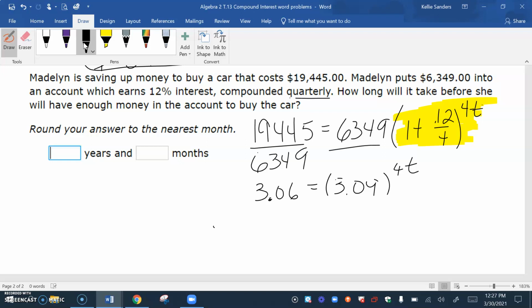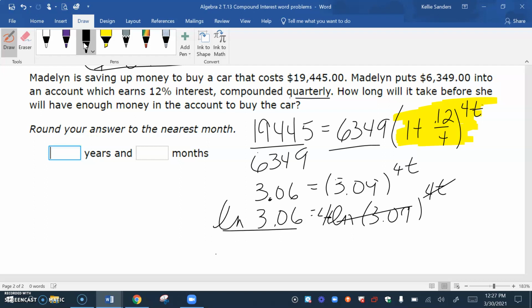Because t is in the exponent, we are going to natural log both of these sides. Once you do that, the 4t can come to the front. And we're going to divide by natural log 1.03.